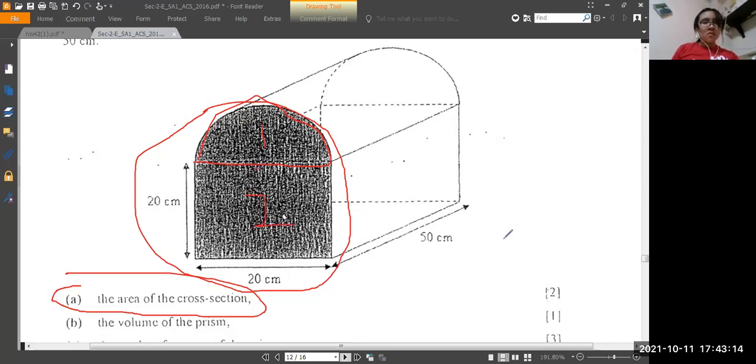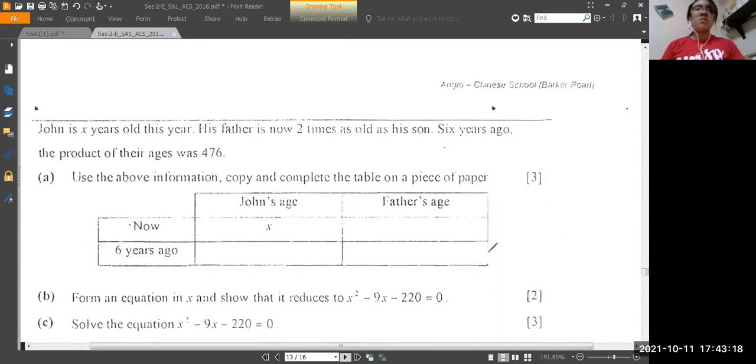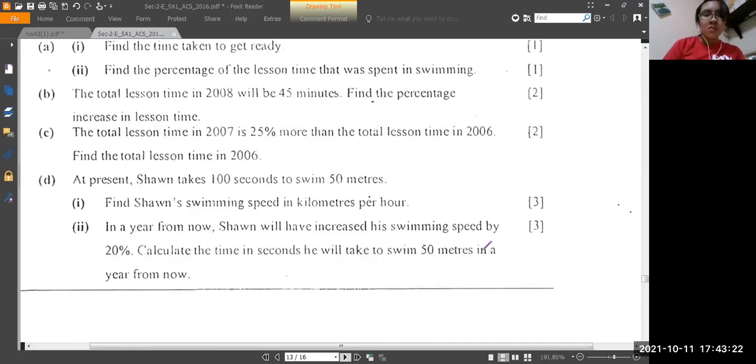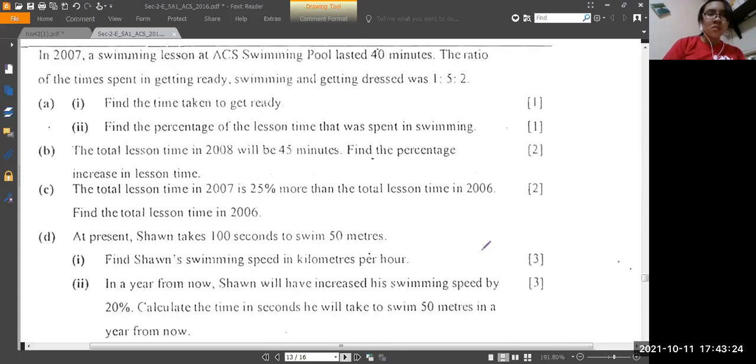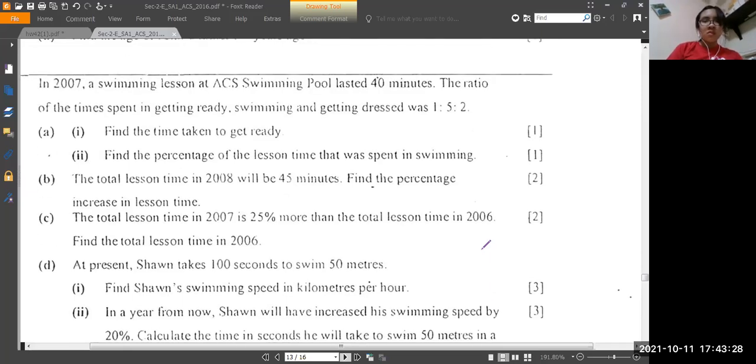So basically you add these two up, then that will be the area. Yeah, good.